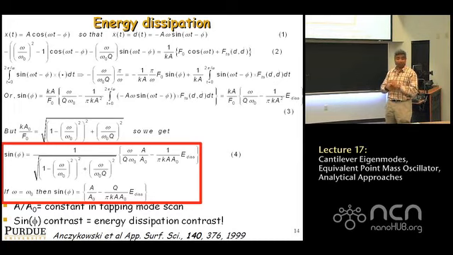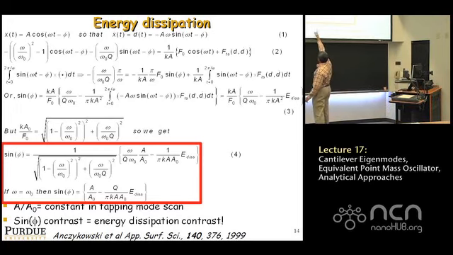If your feedback is correctly set, and error maps are very nice and flat, with very little error due to feedback, then as you scan over a sample, regardless of the local material properties, A over A0 must be constant, so long as your feedback control is operating correctly. Which means that if you see contrasts in sine of phase over the sample, they must be due to different E_dis.